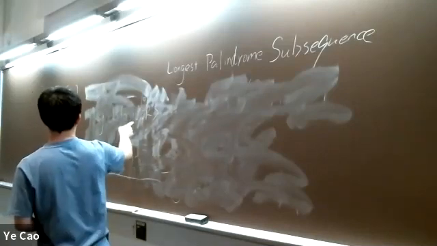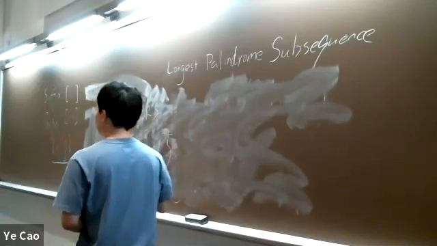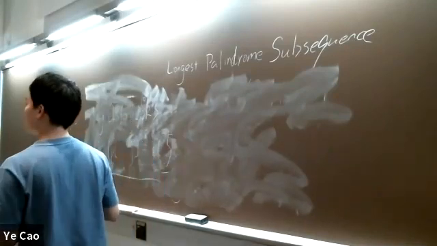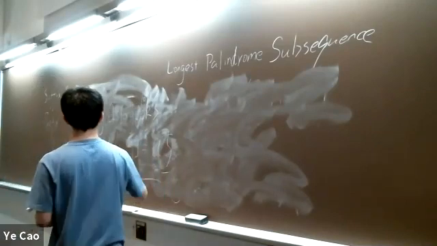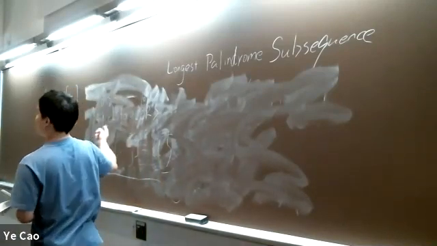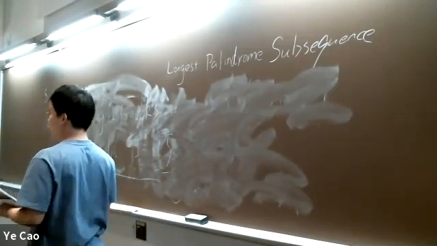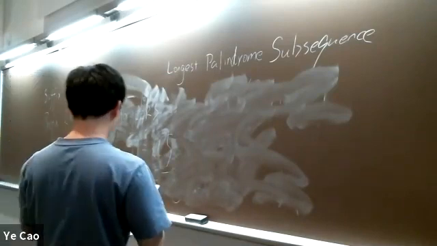So this will be E, F, E, E, so this will be 5. Does it make sense? Yeah. And if it's from 0 to 2, what would it be? It would be 1. I mean 2. Yes, exactly, so that would be 2.